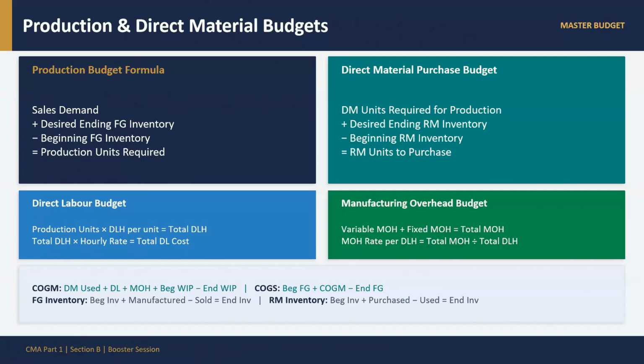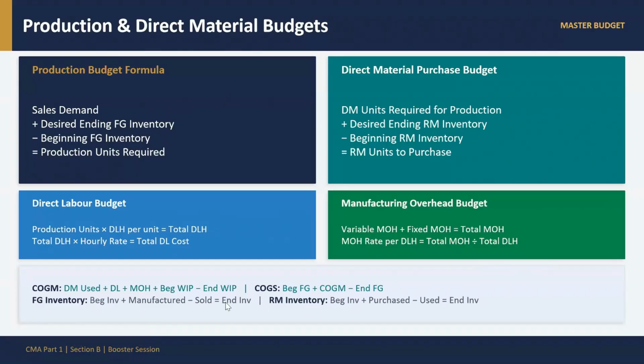That calculation you should know. Then manufacturing overhead rate per direct labor hour you will be getting. How? Total manufacturing overhead divided by total direct labor hours. So this is traditional method of allocating overheads. Okay. You will either choose direct labor hours or direct machine hours and you will be allocating.